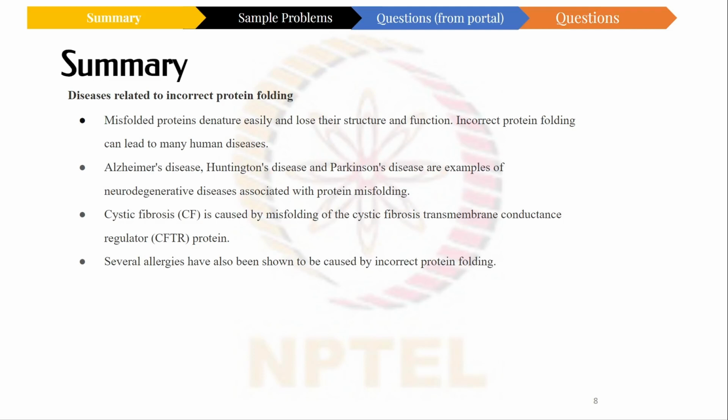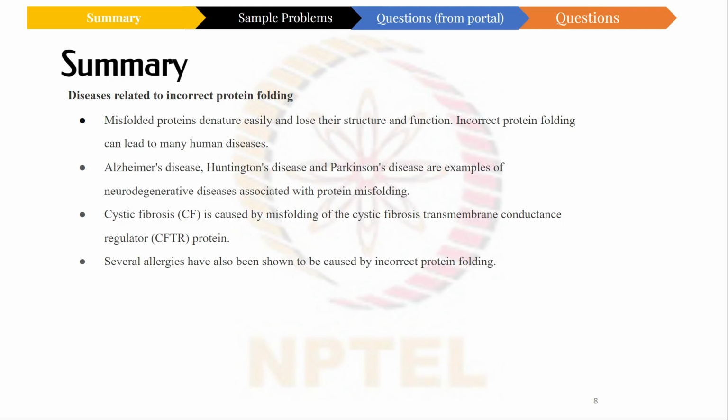Similarly, we have Huntington and Parkinson disease, which are other examples of diseases that are associated with misfolding. In some of these diseases, we have a particular mutation or a particular insertion or deletion, so that the native structure is deviated, and thereby the native function is also deviated, causing the disease.